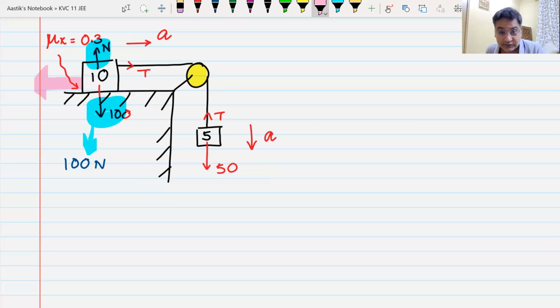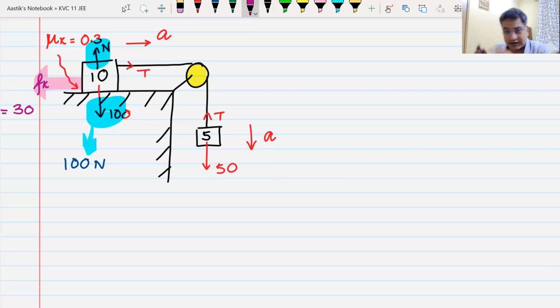Friction is backward because the block is moving forward, not to pull it up. So your kinetic friction is on the back side. How much is the value of this kinetic friction? 30 newtons, since N is 100 and mu k is 0.3.